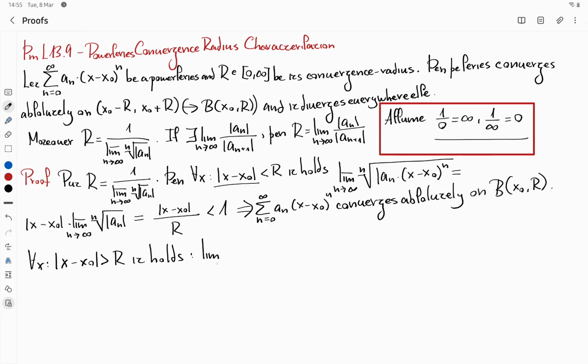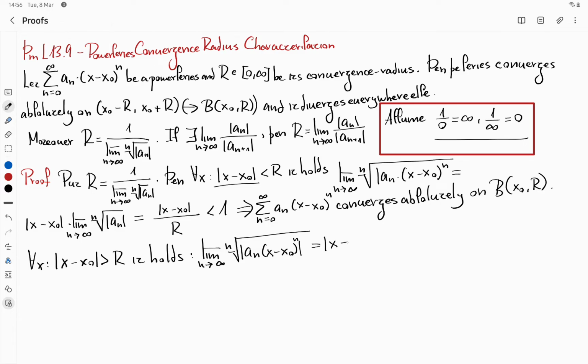The limit superior as n approaches infinity of the nth root of, again, we are taking the root convergence test, (x minus x0) to n. This, again, we do the same trick as before.